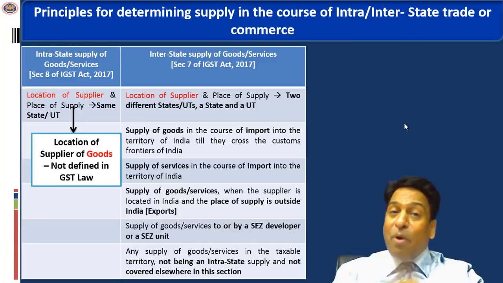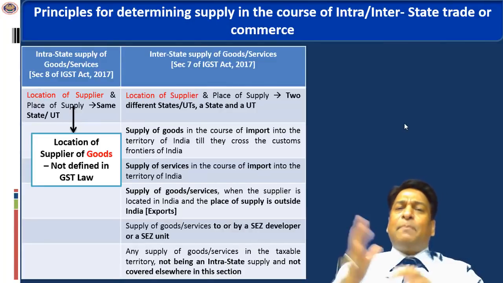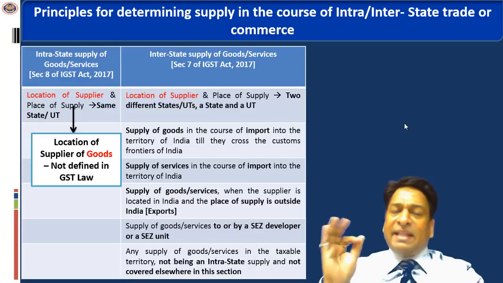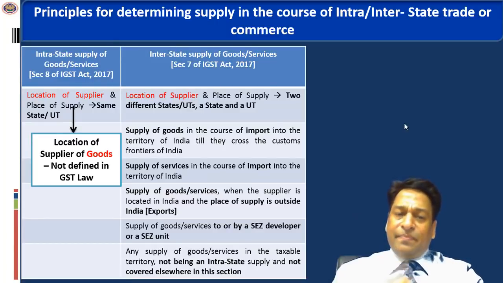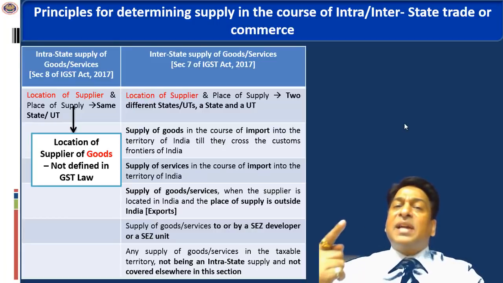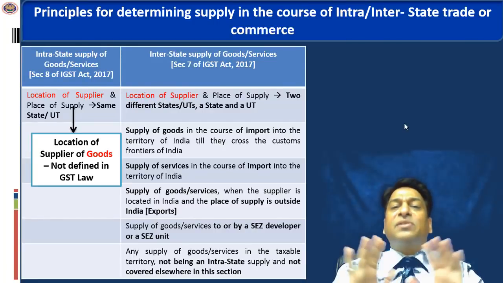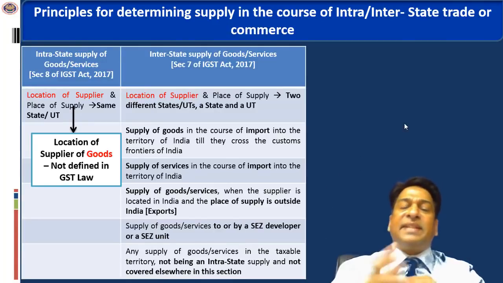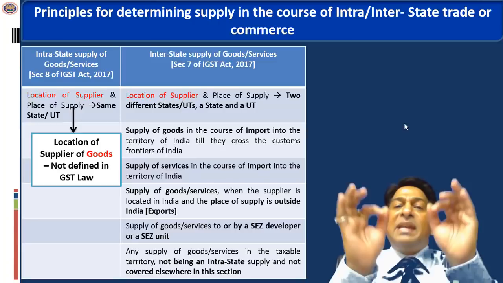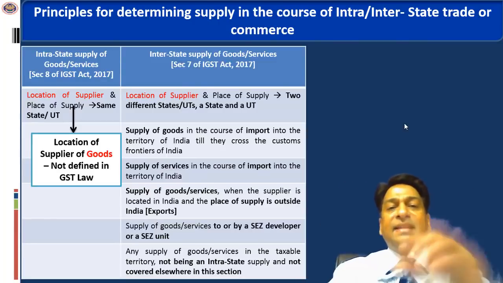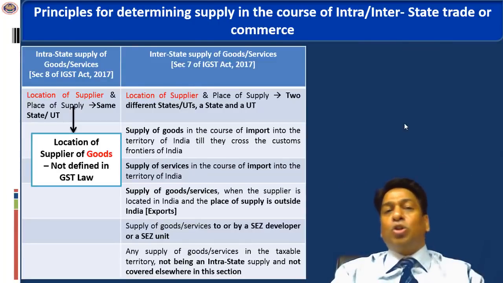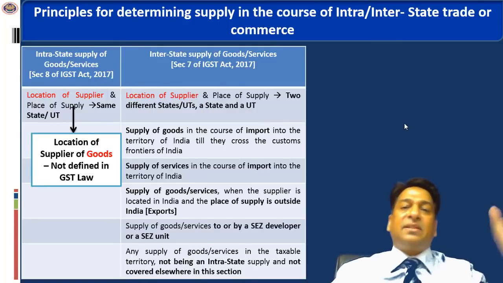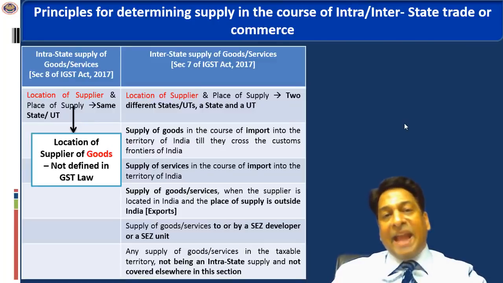Coming to the last point, any supply of goods or services in the taxable territory, not being an intrastate supply, and not covered elsewhere in this section, would be implied as an interstate supply. So what is intrastate now? You have to go back to Section 8 of the IGST Act.